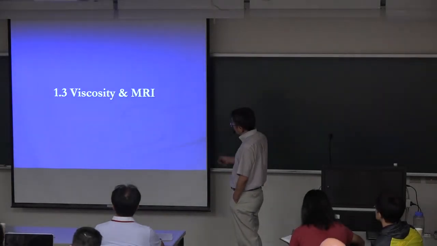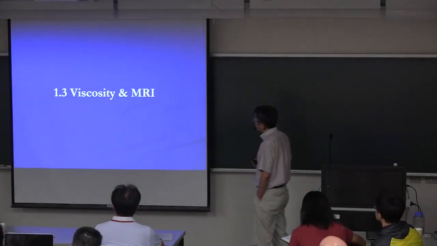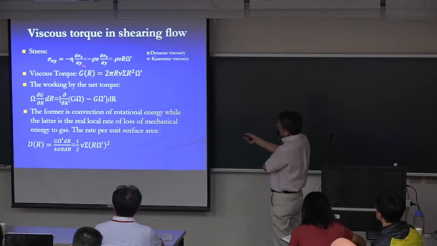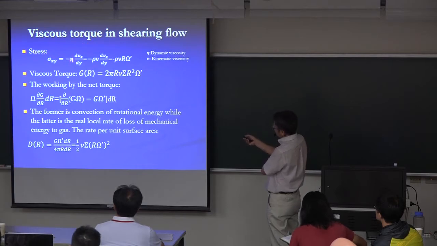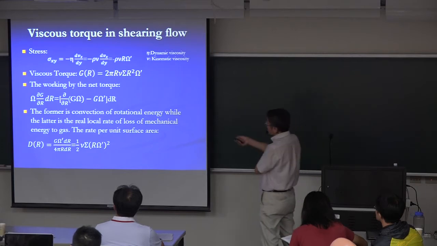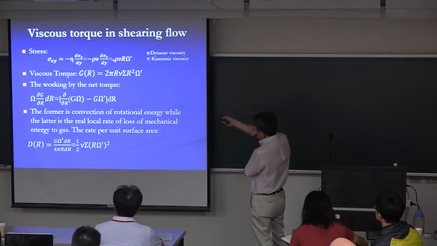Viscosity and MRI, the magnetorotational instability. This is the viscous torque we typically use. You can see this equation in the textbook I mentioned at the beginning. We have this kind of stress.